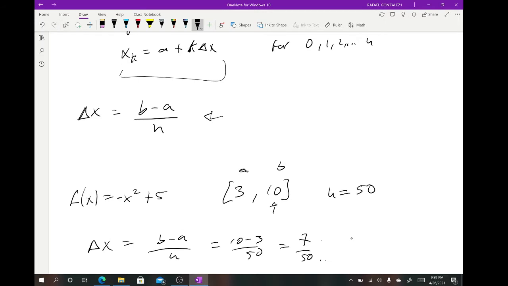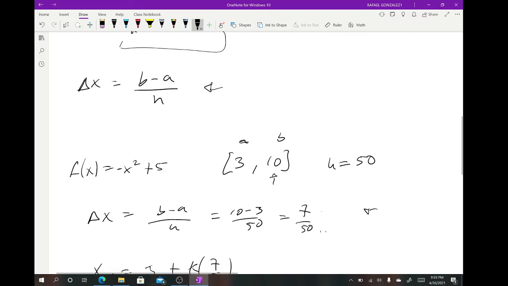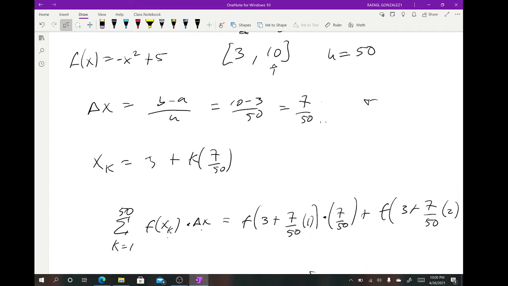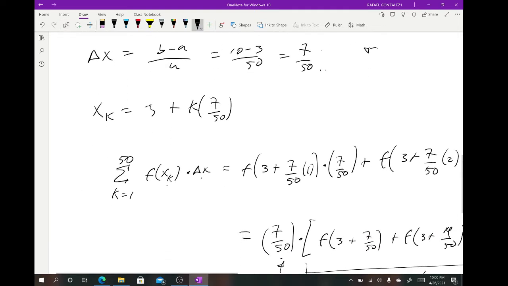Then you figure out the general height of the rectangles by finding out what the right endpoints, or left endpoints, or midpoints are. You do have choices between them. You could choose middle, left, or right, or the upper or the lower. And then you just put it together as a sum, much like I did here, a sum of the height times the width.